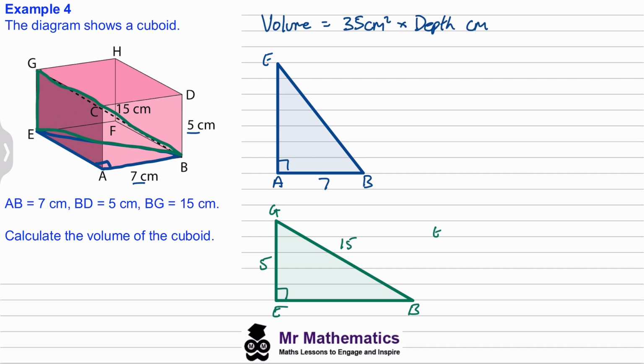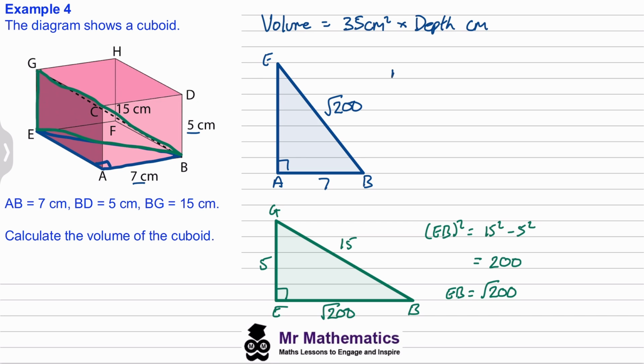So E to B squared will be the 15 squared minus the 5 squared. We can work this out and we get 200. So E to B will be the square root of 200. And again, because I'm going to square this when I put it here, I'll leave it in square root form. So we've got root 200 on both diagrams.